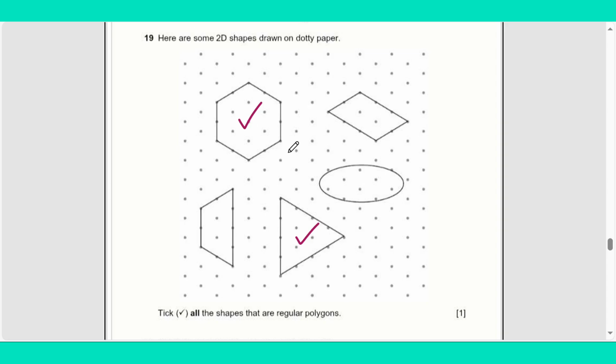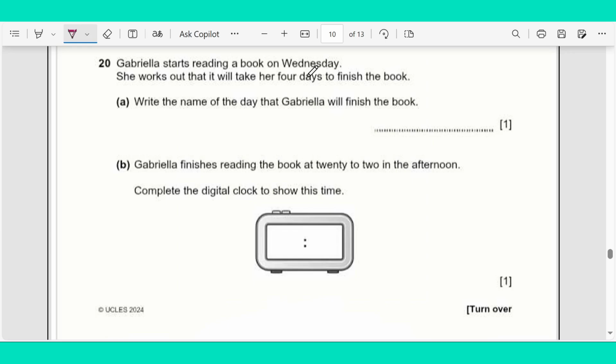The reason we choose this answer is the rule for a regular polygon: it has to have the same length and then the same angle. So this is 1 2 3 4 5 6, all has the same length, and then the equilateral triangle is also the same. This one is, and this is not the same, this is not the same, and this is an ellipse, which is not. Next.